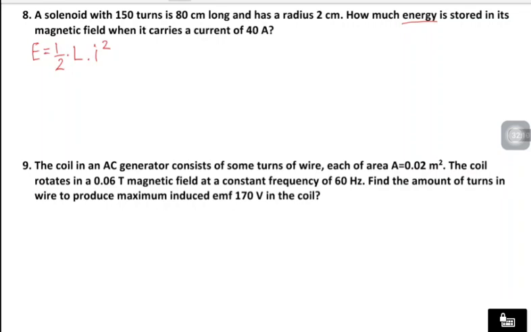So we first find L. The formula of L is permeability times N square times A divided by length.